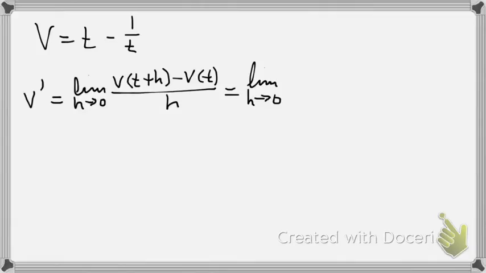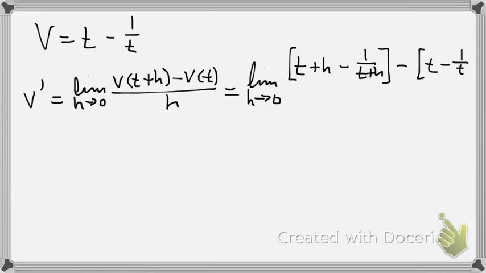So this would be the limit as h approaches 0 of, tell me what to write. t plus h minus 1 over t plus h minus t minus 1 over t all over h. You just kind of died off on me there, but I finished it.